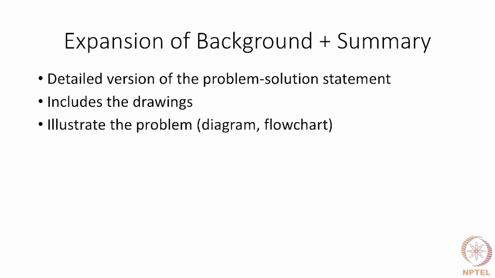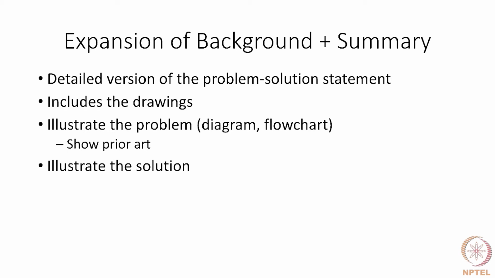Now, you can illustrate the problem with flow diagrams and flow charts. That's perfectly allowed. But whatever you do by way of drawing should have some description in words. Now you can show the prior art. In some drawings you will see that they describe the prior art and they show the invention, and in some cases you can also illustrate the solution using drawings.